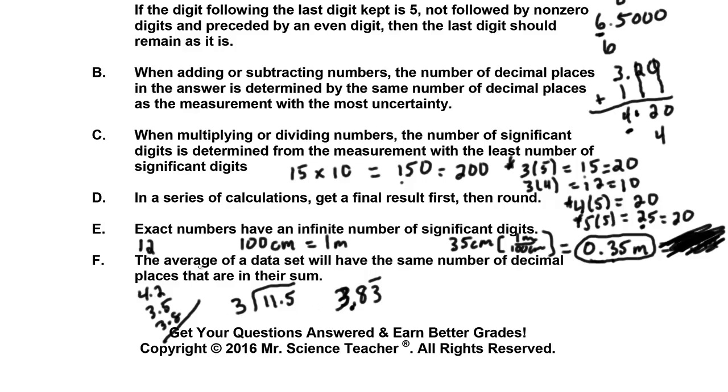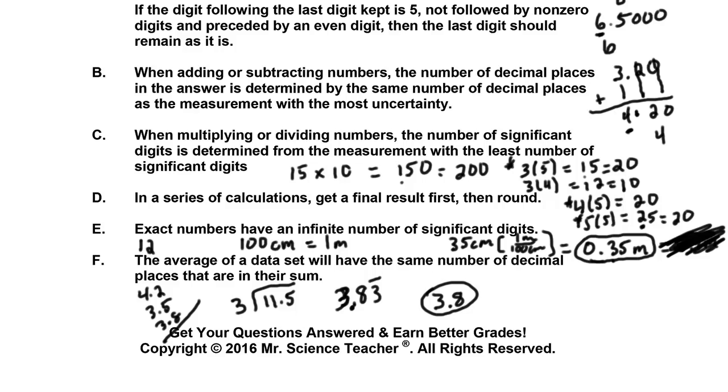It says the average of a data set will have the same number of decimal places that are in their sum. So when we look at their sum, there's only 1 place past the decimal. So we have to go 1 place past the decimal. So the average is going to be 3.8 because this 3 is less than 5, so we round down. And so this is what we would do for our average.